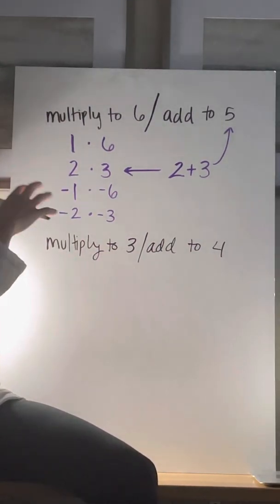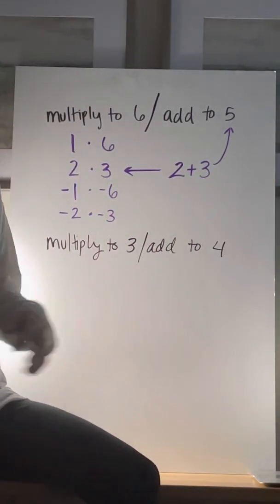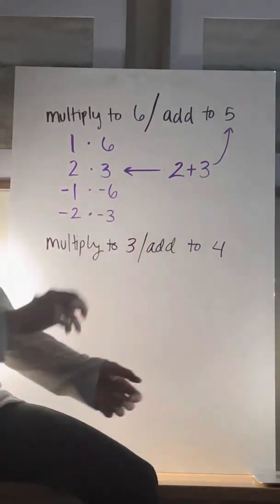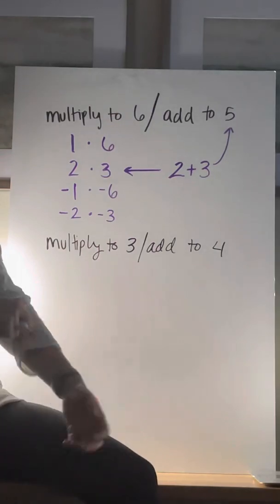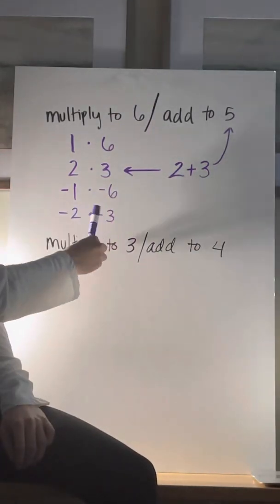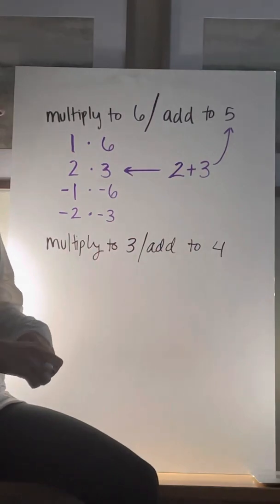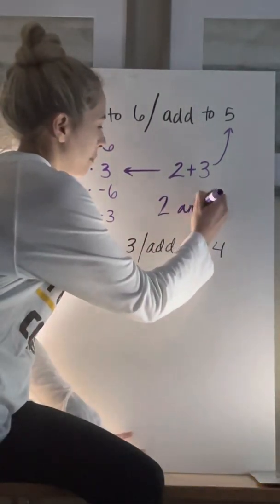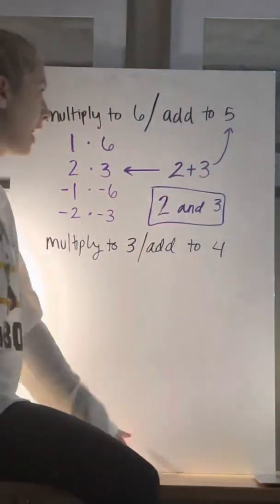It's always adding, right? So it can't be this because it's not going to be 6 minus 1, or again, with the negatives, those create a bigger negative number. So this actually creates a -7, and this is a -5. So that's why this is our answer. 2 and 3 are two number values that will allow us to multiply to 6 and add to 5.